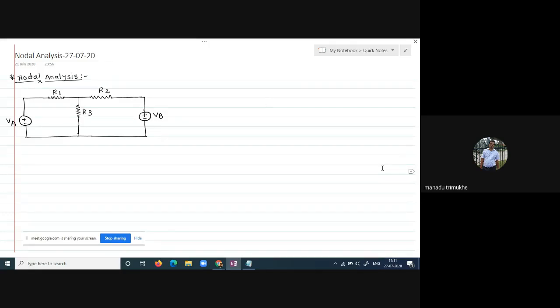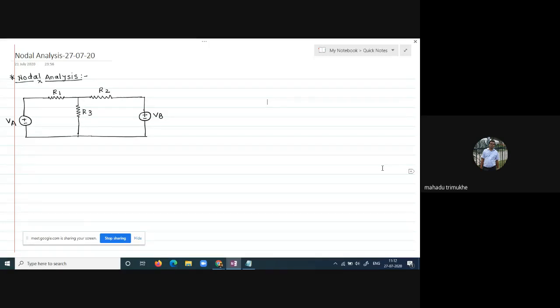One of the nodes is taken as a reference node, or what we call a dumped node. If an electrical network has n nodes, the number of simultaneous equations to be solved is n minus 1.